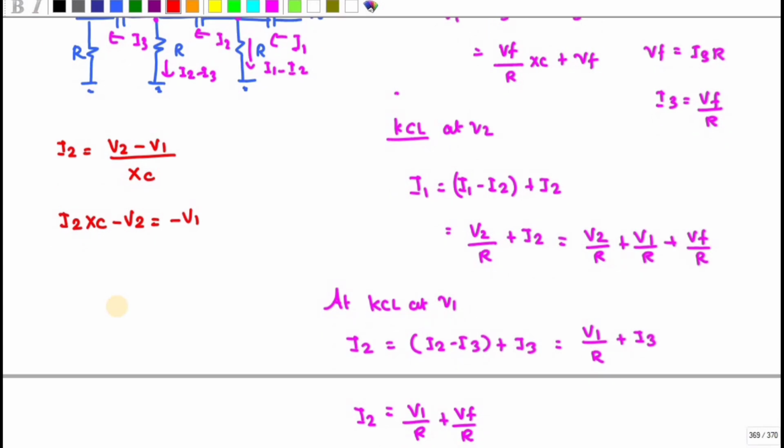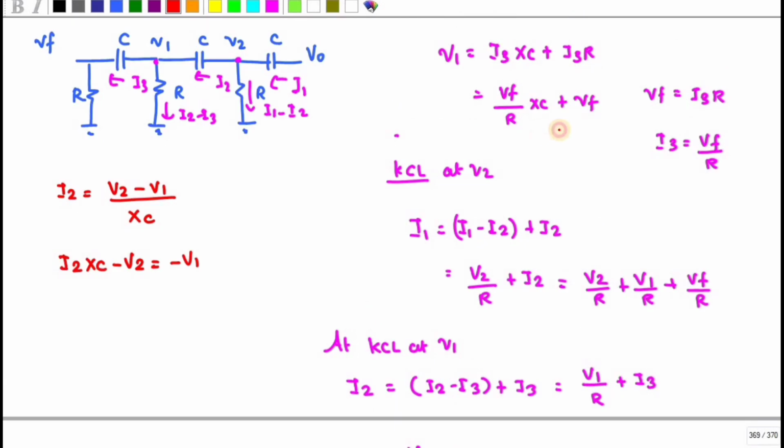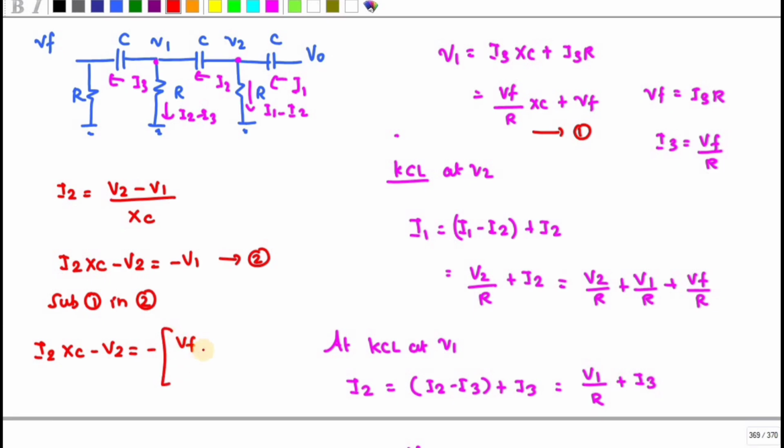Here I need to find the value of V1, and since I have found the value of V1, I can substitute this first equation in the second equation. So we can write I2 XC minus V2 is equal to minus of Vf times XC divided by R plus 1.